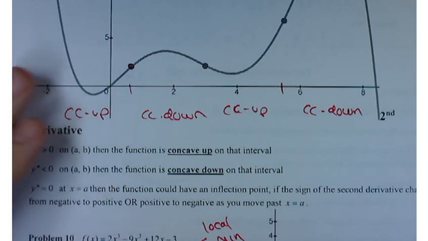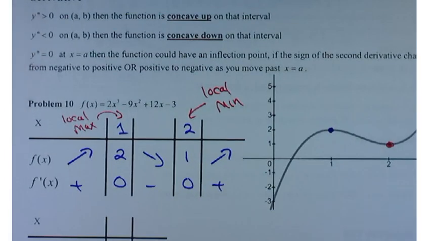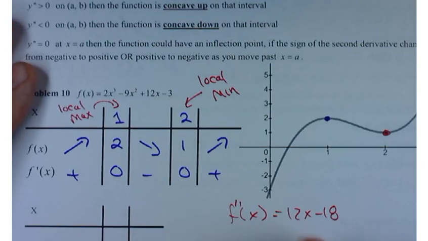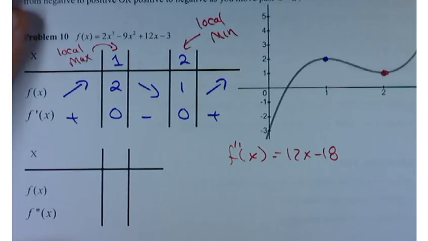So, okay, wow. Let's see here. Our second derivative was 12x minus 18. F double prime of x is 12x minus 18. Now, it'll be handy to know where that's equal to 0.